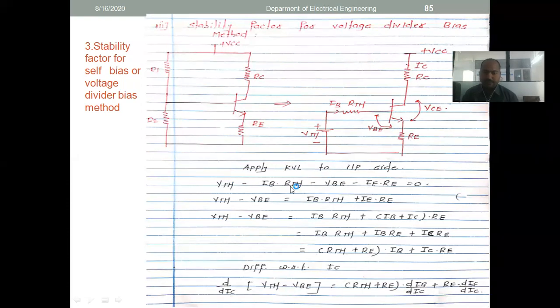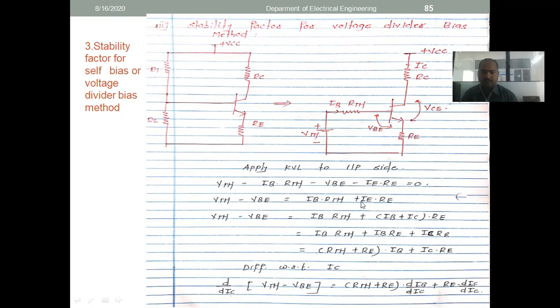So we take the constant terms separately, right? We know that VTH and VB are constants. So VTH minus VB, moving to the other side, equals plus, VTH minus VB. Now minus IB into RTH is taken as plus IB into RTH, and minus IE into RE as plus IE into RE.